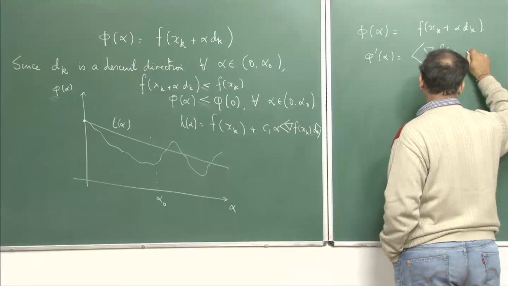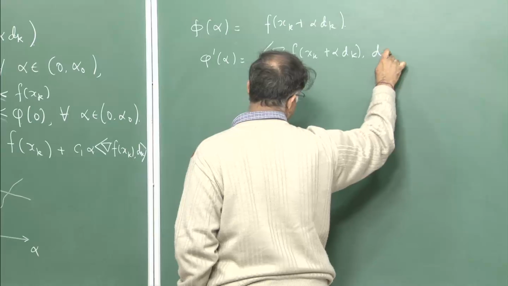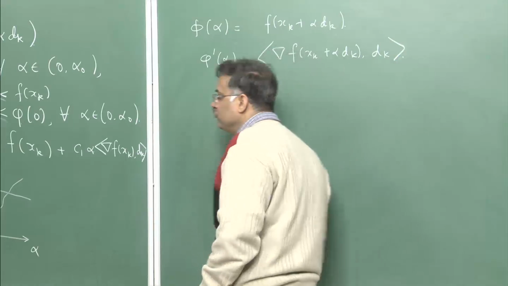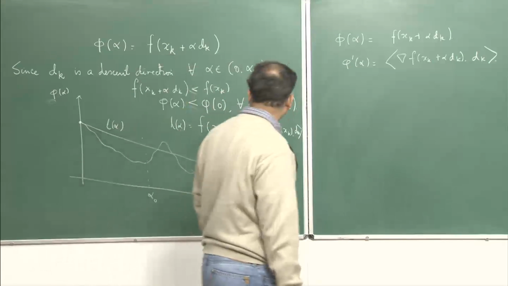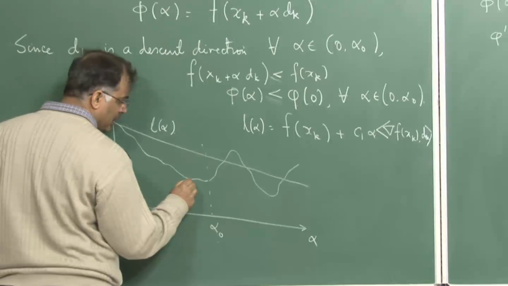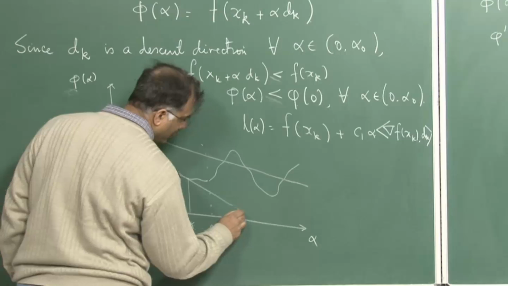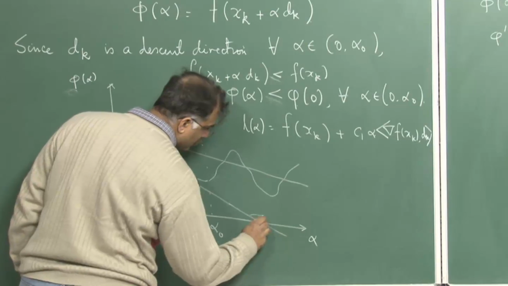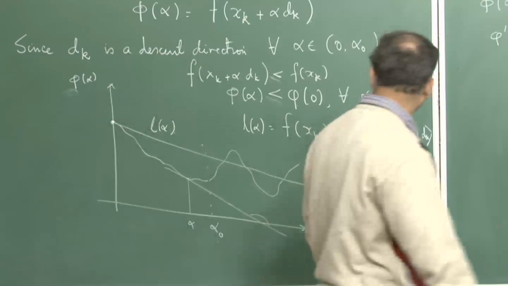So the slope of the function phi dash at any alpha, this alpha here, is phi dash alpha, the slope of this line.